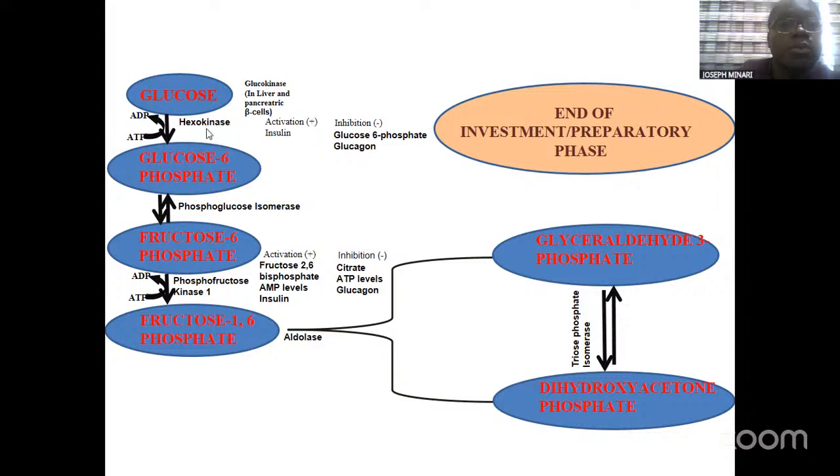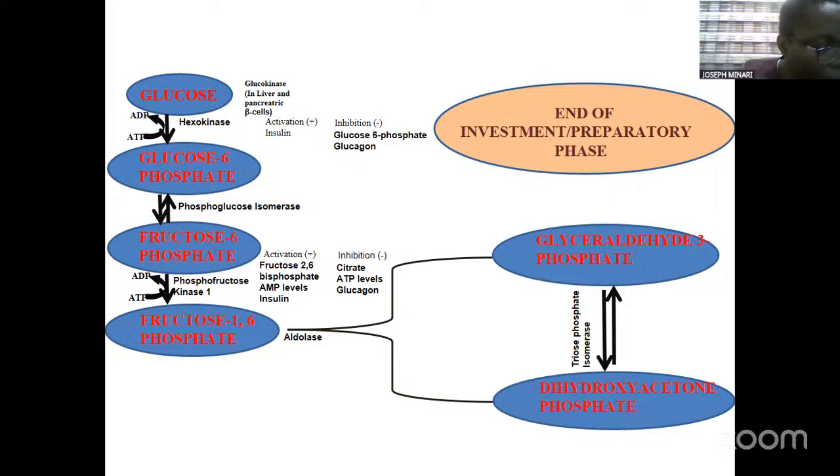Okay, so glucose goes to glucose 6-phosphate, then to fructose 6-phosphate, then to fructose 1,6-bisphosphate, which is broken down to both glyceraldehyde 3-phosphate and dihydroxyacetone phosphate.